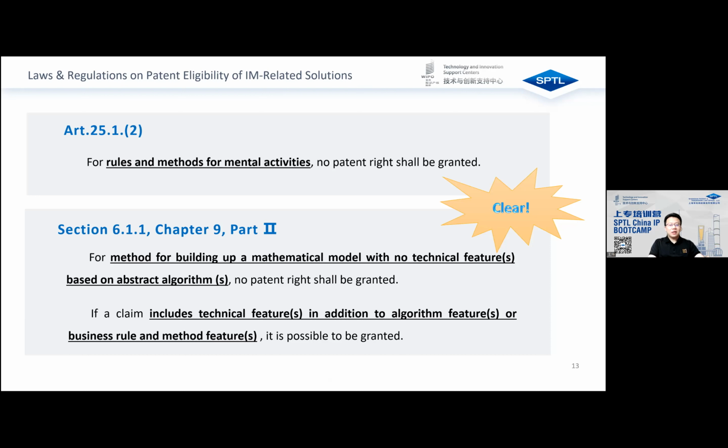In contrast, if a claim includes technical features in addition to algorithm features or business rule and method features, it is possible to be granted.